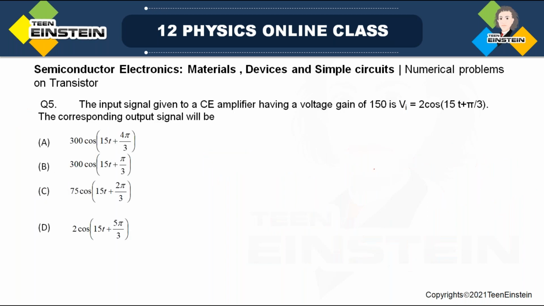So this is another problem which we have to solve. This problem is related to the CE amplifier. You can see that it is written already: the input signal given to a CE amplifier having a voltage gain of 150.